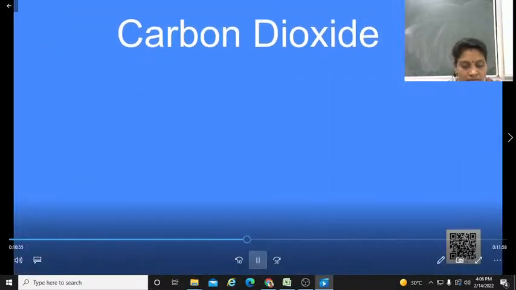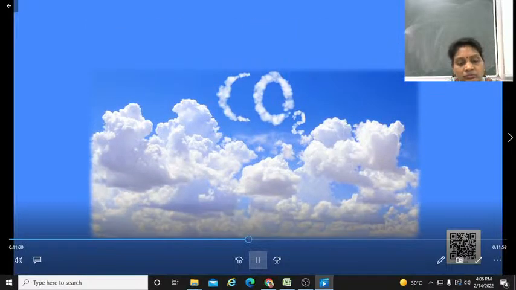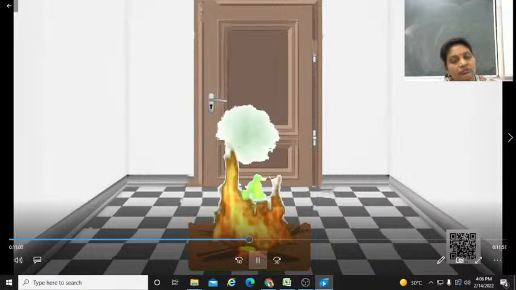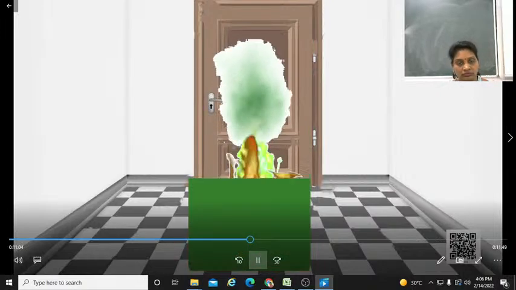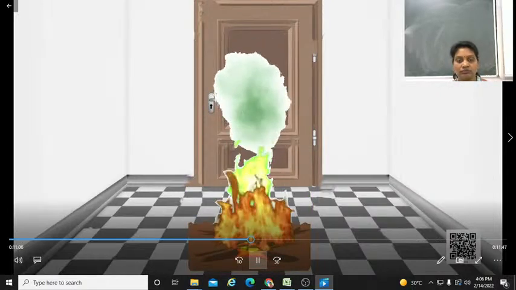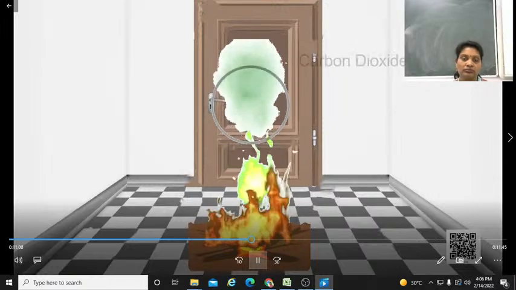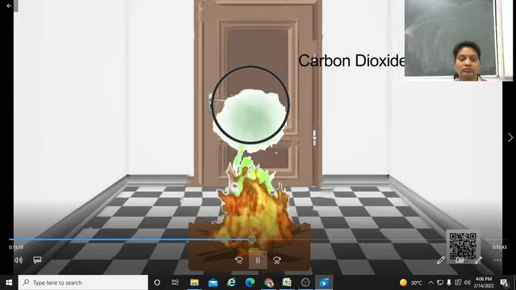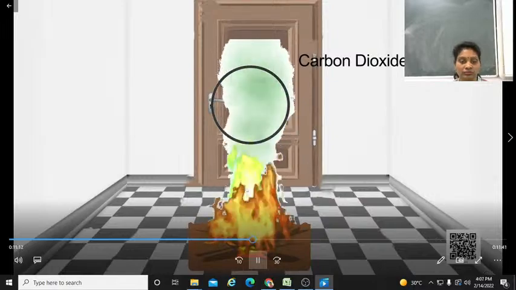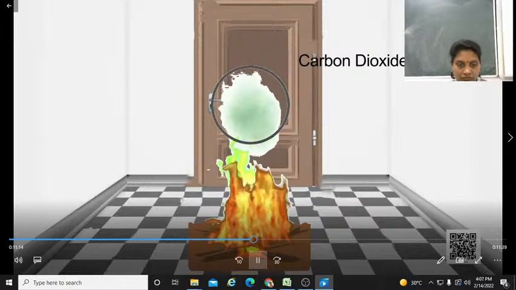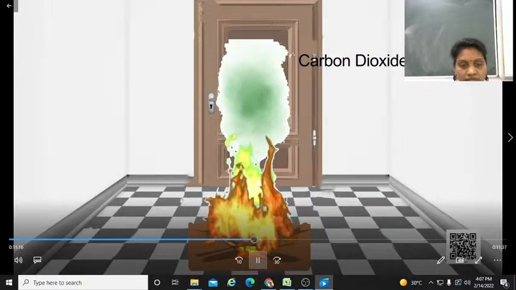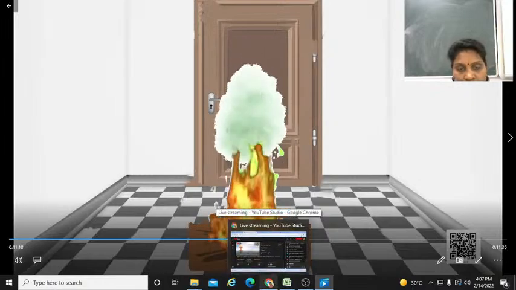Children, now about carbon dioxide. Carbon dioxide is also present in air. In a closed room, if there is some material that is burning, you may have felt suffocation. This is due to excess of carbon dioxide that may be accumulating in the room as the burning continues.